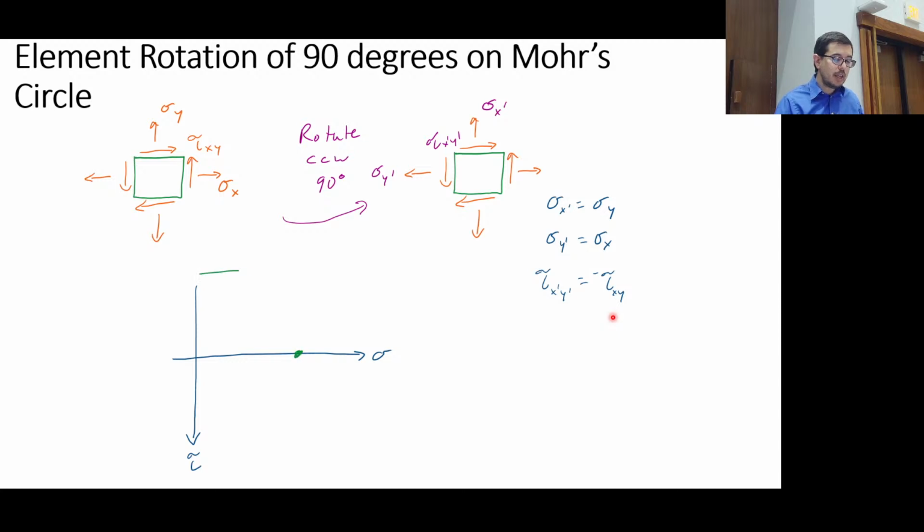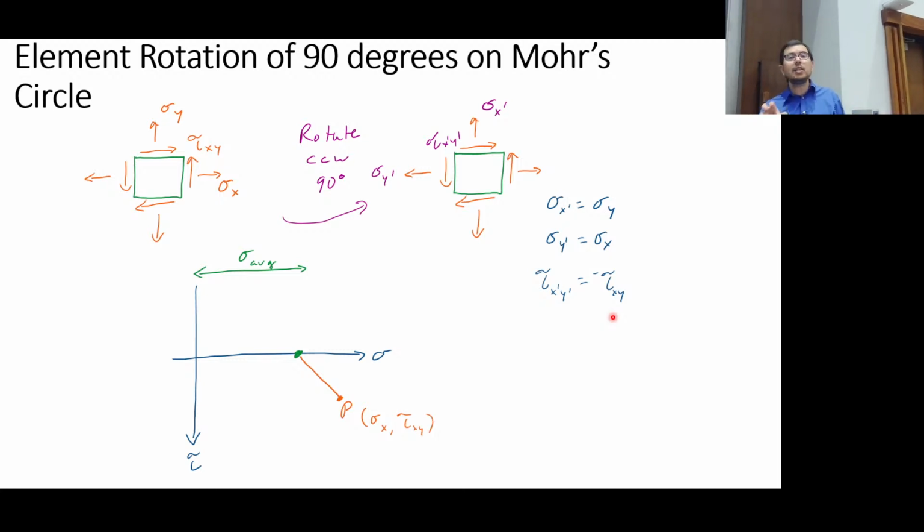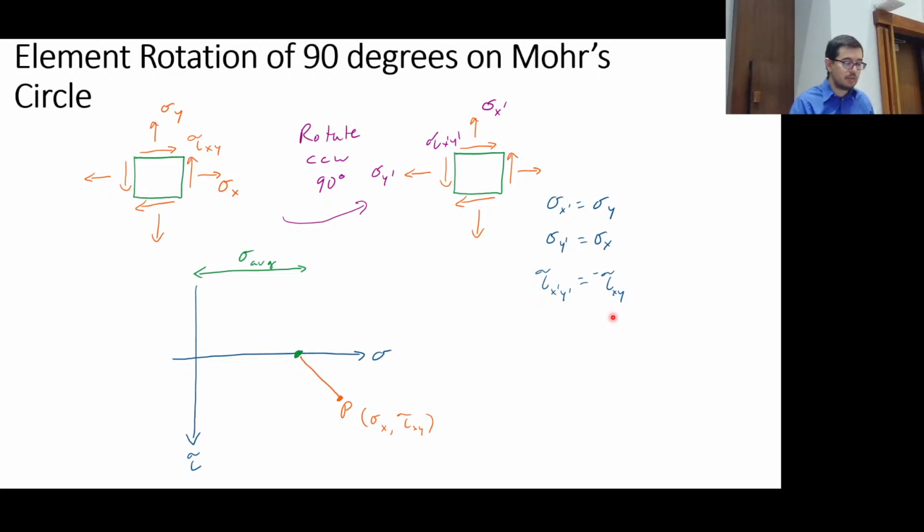If we start at some location, let's say here, and again, yes, I'm making. Often when you see these drawn with this convention, I typically try to put P in that bottom right, because that's where sigma x is greater than sigma average. It doesn't have to be that way, and tau xy is positive.